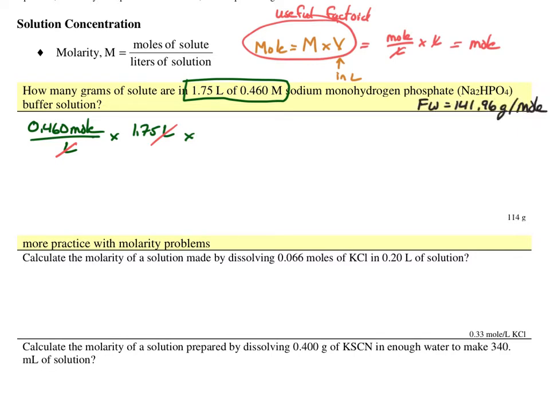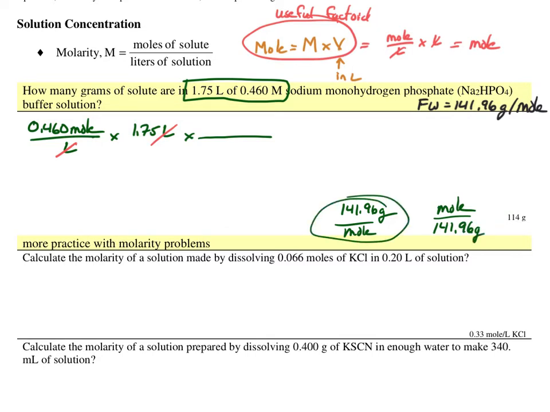Okay, I've previously calculated the formula weight of that compound, so we can now use this in our problem. We know that 141.96 grams is equivalent to a mole. We're going to use the conversion factor with the units of moles in our denominator so they can cancel. So moles equivalent to 141.96 grams.